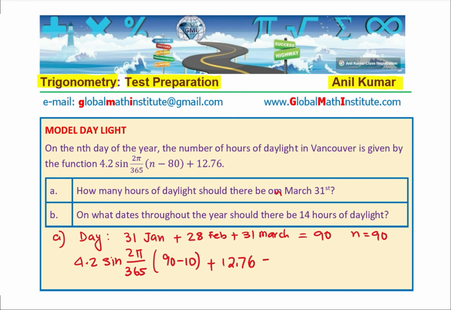And now you can calculate the value. The calculator should be in radians. While doing this calculation, we get 13.48 hours. So that is the answer for the first question.